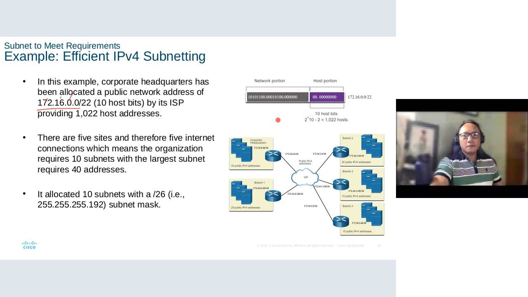And kung meron tayong 6 borrowed bits, ano ngayon ang kanyang prefix? Anyone? Ano yung prefix niya o ano yung subnet mask ng /22?